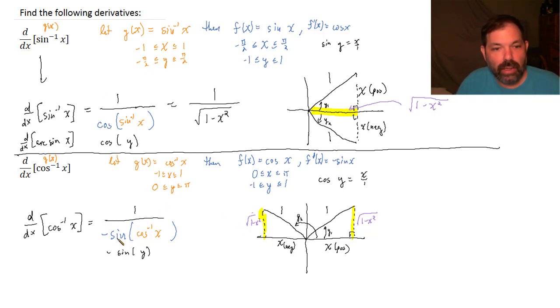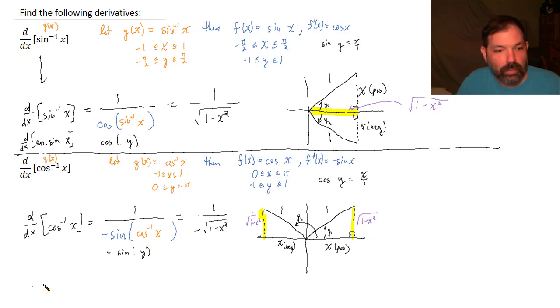Alright, so then the sine of cosine inverse x, the sine would be opposite over hypotenuse. And so we'd have the square root of 1 minus x squared over 1. And so this ends up being 1 over negative square root of 1 minus x squared.